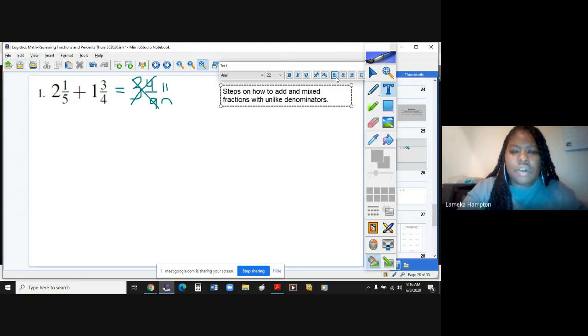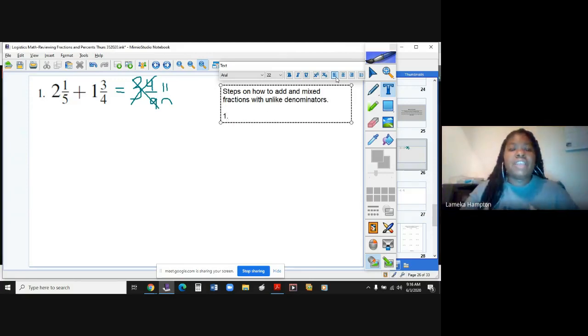Okay. So I have step one. You're going to check to see if you have the same denominators, which remember are your bottom numbers. If you do not have the same bottom numbers or the denominators, you're going to have to find the least common denominator. Okay.